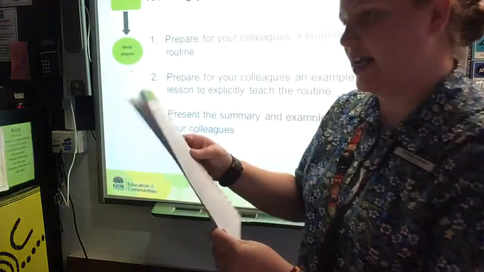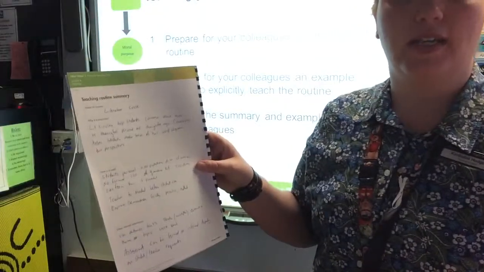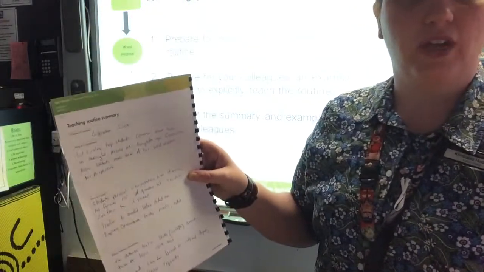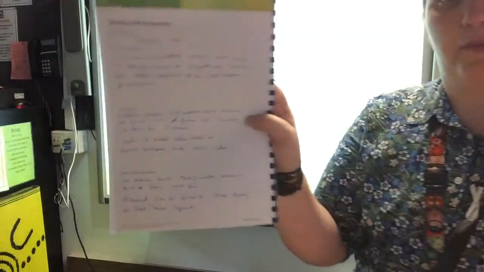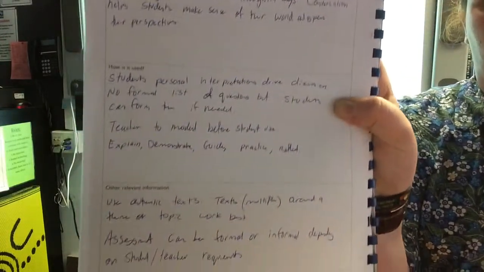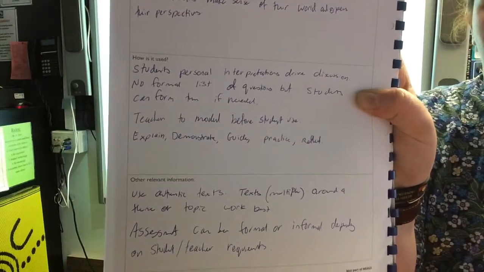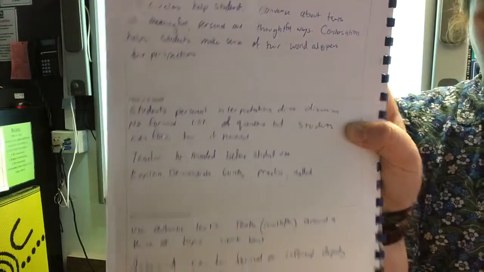Now, when I was at training, I did the literature circle, which is why I felt confident in teaching literature circles when I got back from the training. So my summary looks a bit like that. And it talks about, you probably can't read my writing, but it's a summary of what the strategy is.